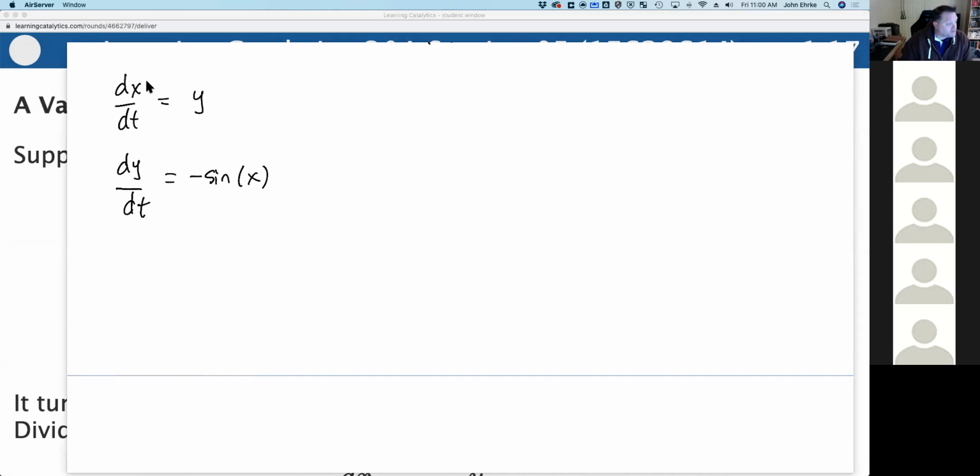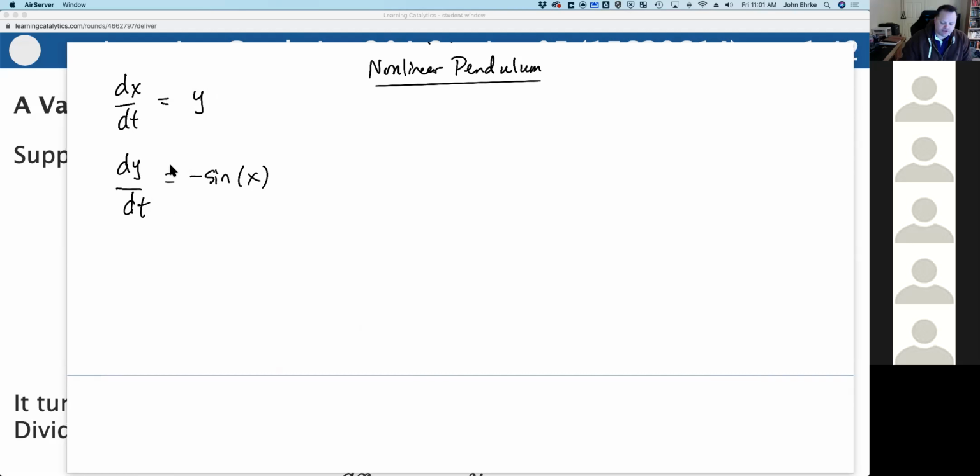This is a coupled system because x depends on y and y depends on x. So they are coupled, they're linked. Neither of them is decoupled from the other. It turns out that this is the system for a nonlinear pendulum. If we have time later in the course, we'll talk about that.